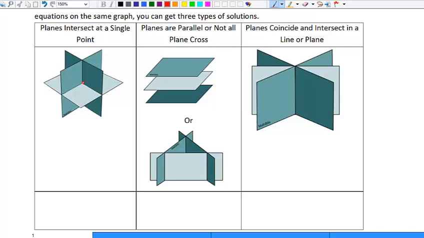The light blue, the medium blue, and the dark blue all intersect right there at that intersection point. So you get one unique solution, and your solution is going to look like an ordered triple, x, comma y, comma z.